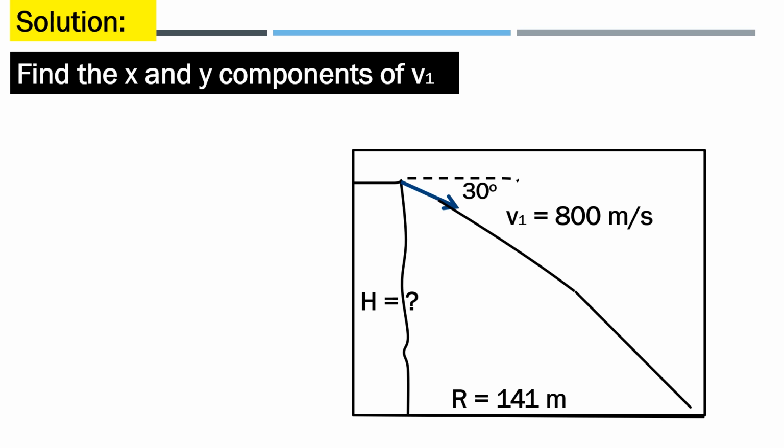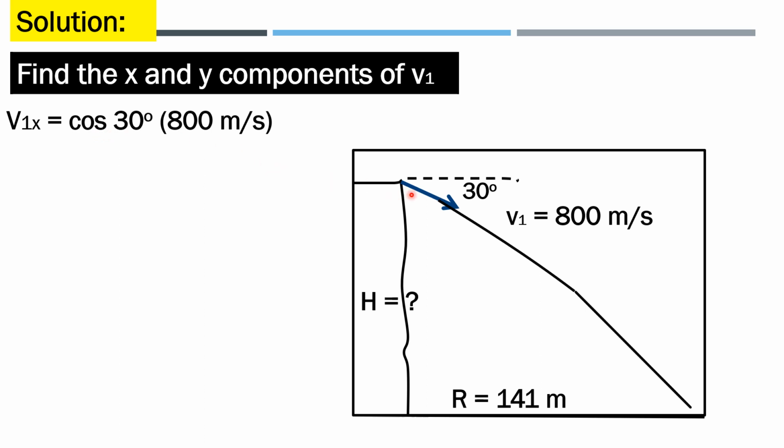The first thing that we're going to calculate is the x and the y components of the initial velocity. This is how it is done. We get the x component by simply using the formula v1x equals cosine 30 degrees multiplied by the initial velocity of 800 meters per second. Why cosine?